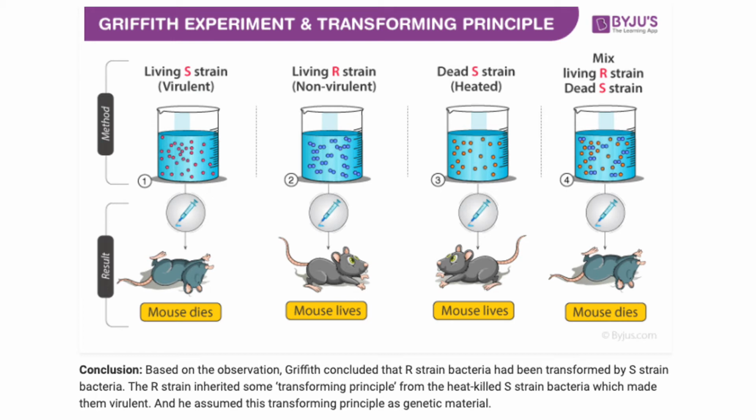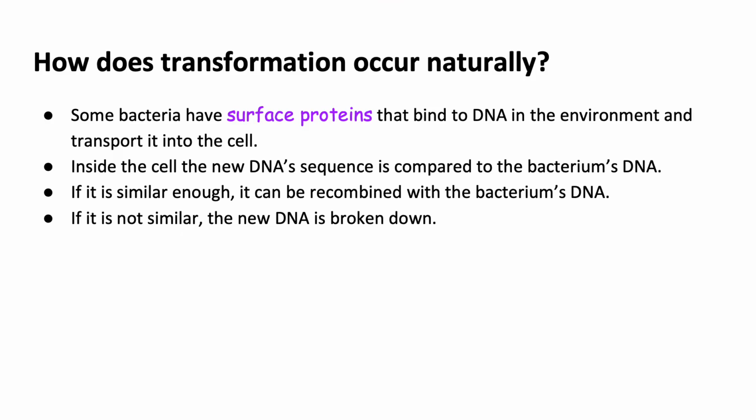So that experiment showed that transformation is possible, and the R strain was taking up the genetic information from its environment, from the dead S strain, taking it into its own cells, expressing it and becoming a pathogenic bacteria. That experiment shows that transformation is possible between two different strains of bacteria that were mixed together.